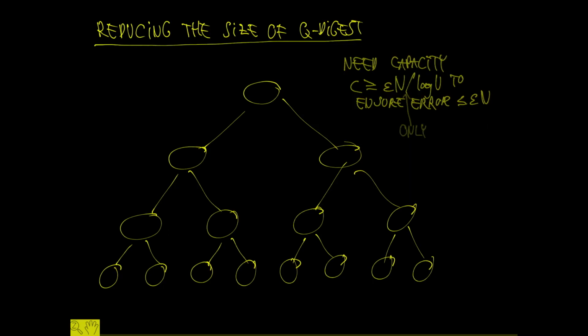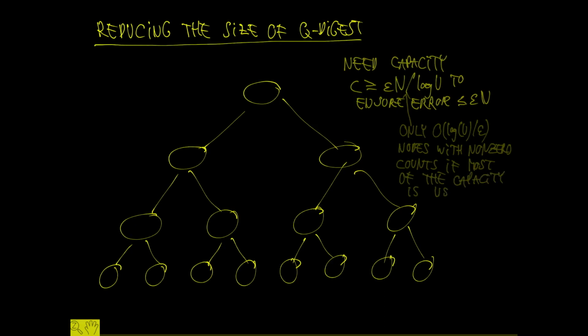We can observe that if most of the nodes are within a constant factor of capacity, then we actually only need log u over epsilon nodes, which is only a logarithmic factor from the size of the quantiles. So we somehow want to ensure that most of the capacity is actually used.